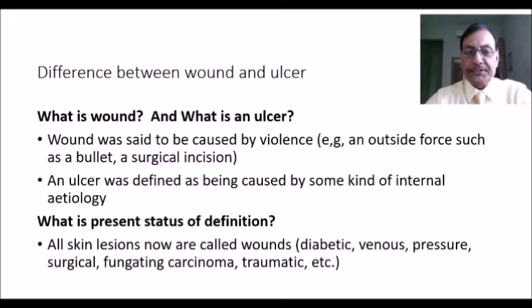What is the present status of definitions? All skin lesions are now called wounds, whether diabetic, venous, due to pressure, surgical, fungating carcinoma, or trauma. All are now called wounds.